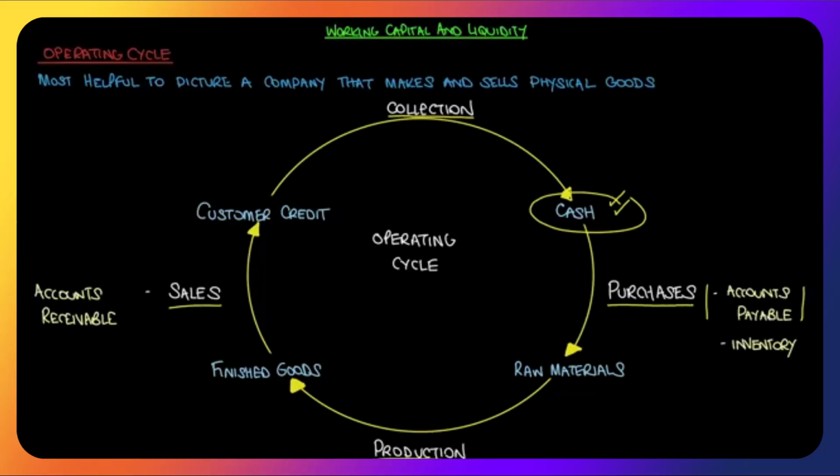The raw materials you've actually purchased, that's your inventory. Until it's sold, that is sat in your warehouse, either as raw materials, work in progress, or finished goods. It's a current asset. It's part of working capital. Once they are turned into finished goods and sold, again, it's unlikely that the cash transaction happens at the same time as the sale.